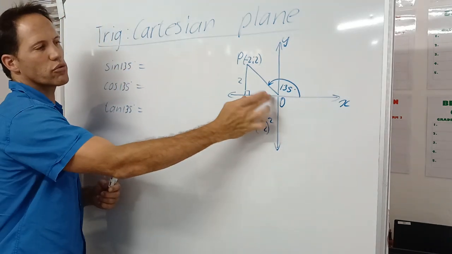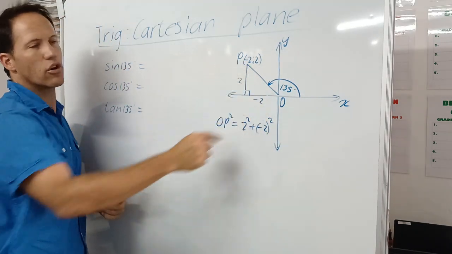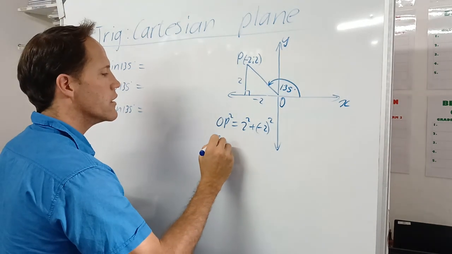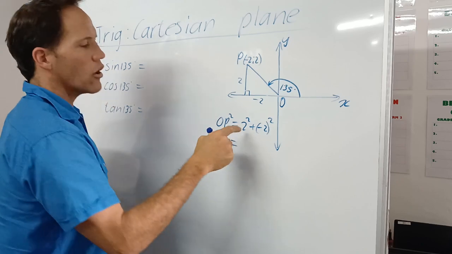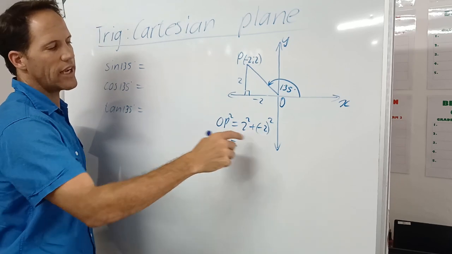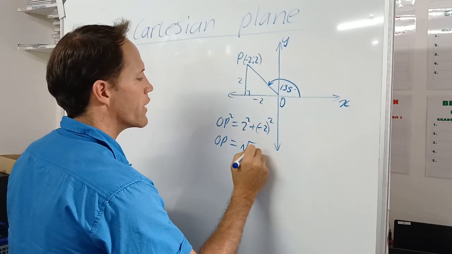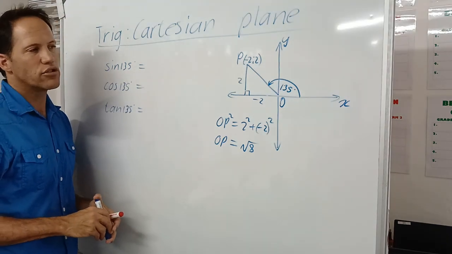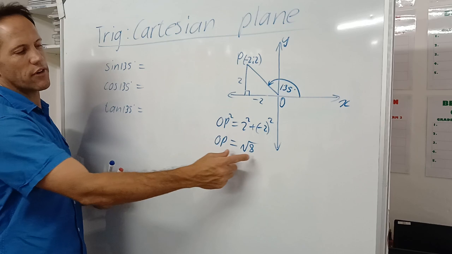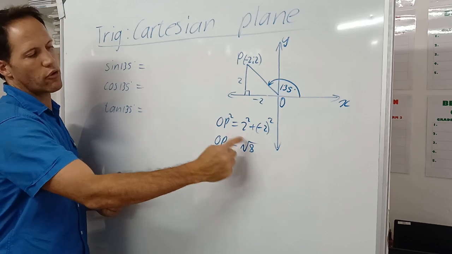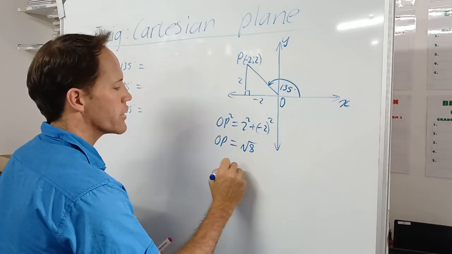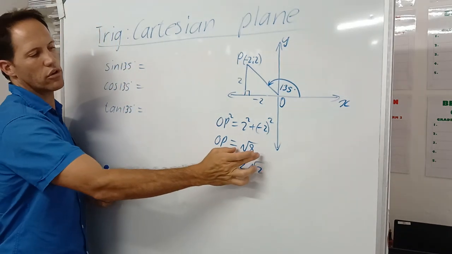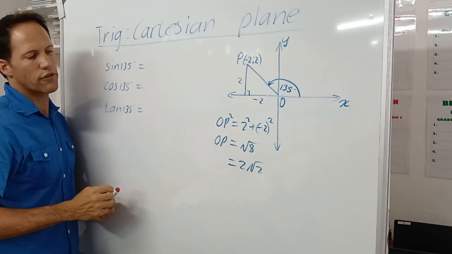Then OP will be, obviously 4 plus 4 is 8, so OP will be the square root of 8, which you can also write as 2 times the square root of 2. If you simplify this, you will see it's 4 times 2. If you take the 4 out, it's 2 square root of 2. It's the same thing. The calculator will show you, square root of 8 is 2 square root of 2.